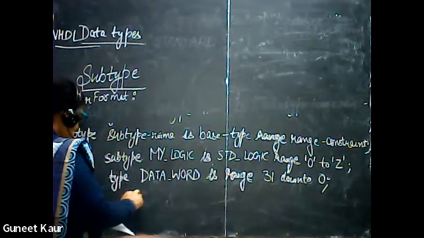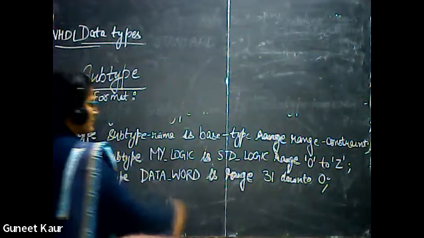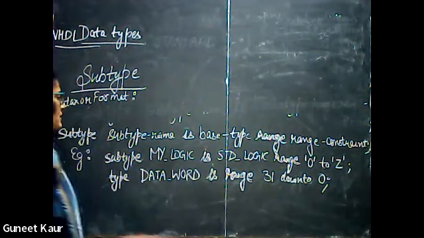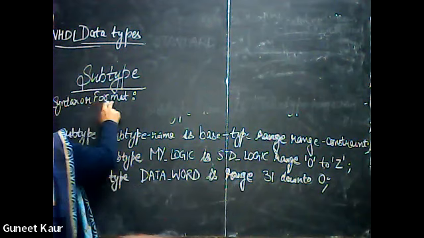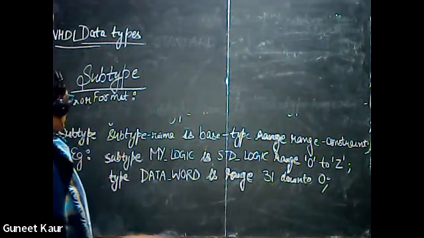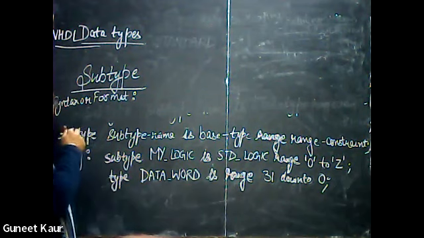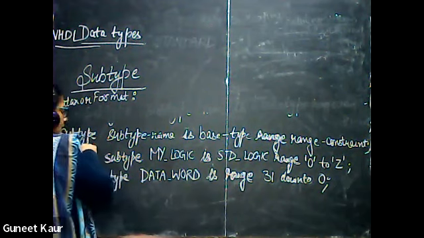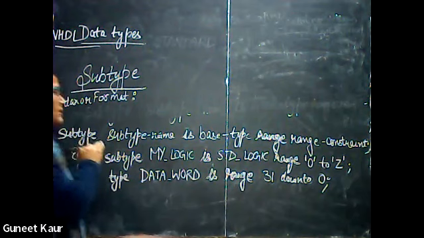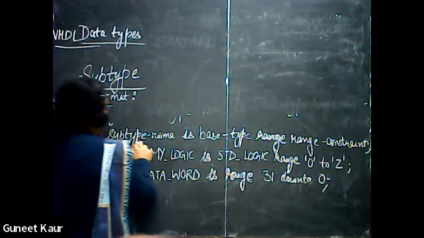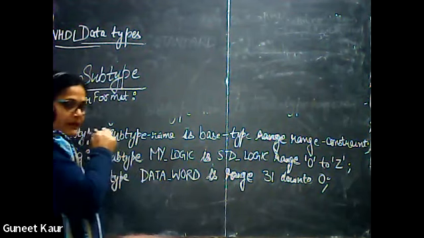Now I will show you the next example further. Firstly, I will discuss this. So this is the format or syntax for the subtype. Here subtype is your reserved keyword, and it should be in bold. Then I have to write the subtype name.